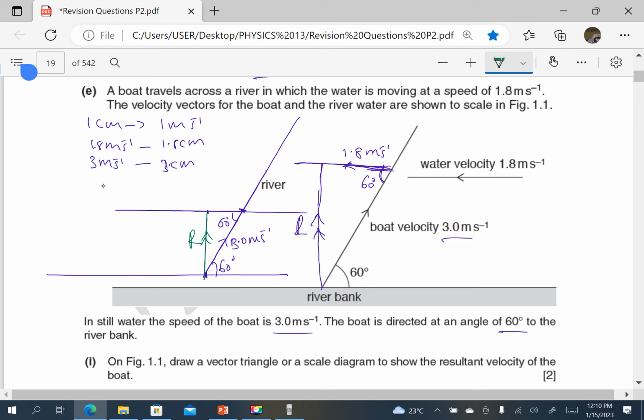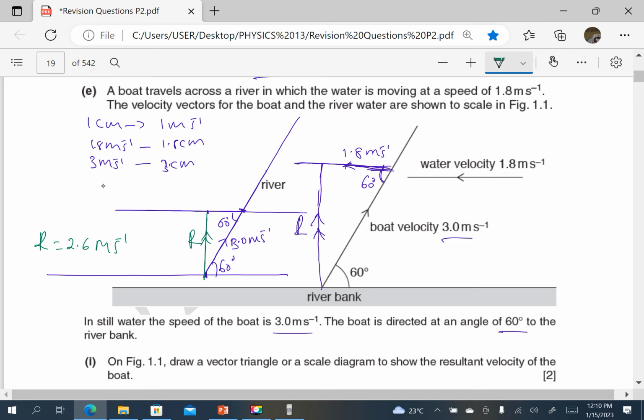So how do I find the magnitude of the resultant? I just measure the length representing the resultant. That is exactly 2.6. So R is 2.6 centimeters. Since 1 centimeter is 1 meter per second, R is 2.6 meters per second by scale.